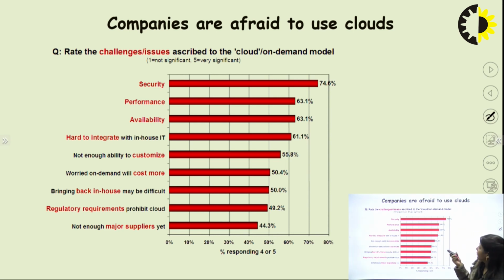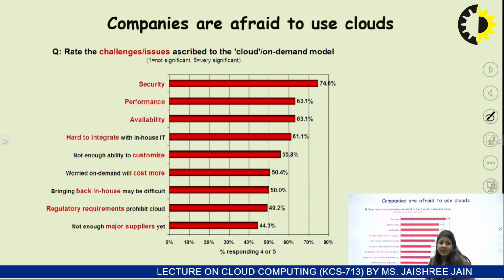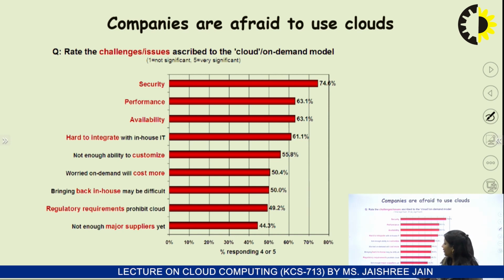Companies are afraid to use the cloud. So, rate the challenges or issues of the cloud on-demand model. There are some parameters: security issue is 74.6%, performance issue 63.1%, availability 63.1%. These are the actual percentages. It means these issues are rising.